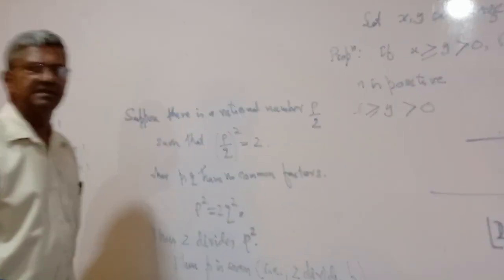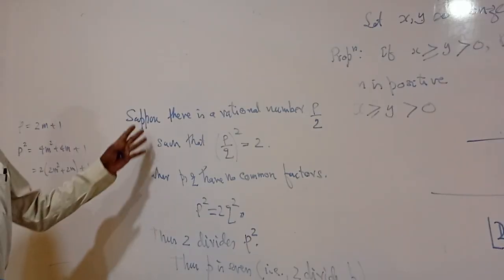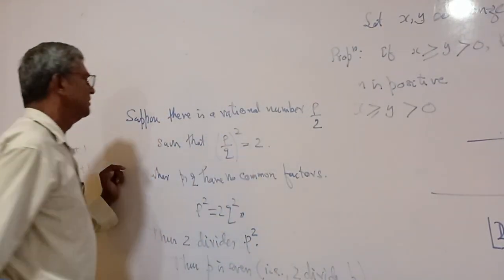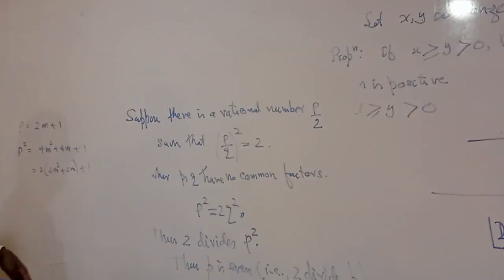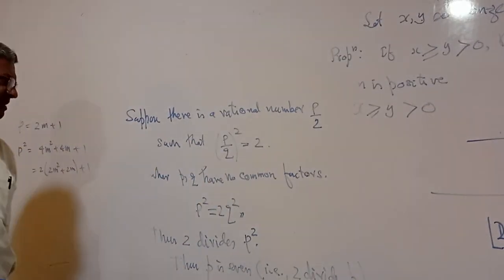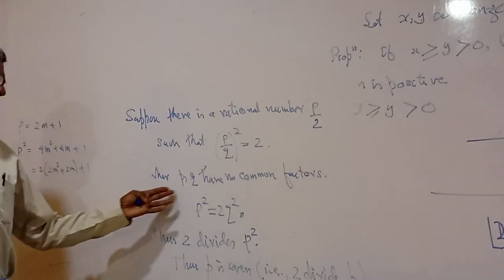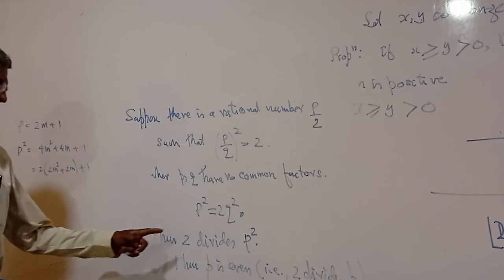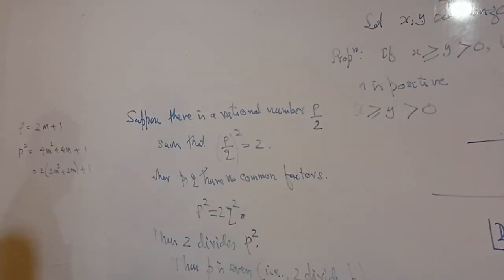The proof is very short. I am assuming there is a rational number P over Q, where P and Q are integers, such that P over Q squared is equal to 2, where P and Q have no common factors. Then P squared is equal to 2Q squared, so 2 divides P squared.